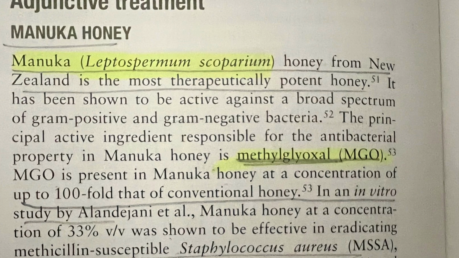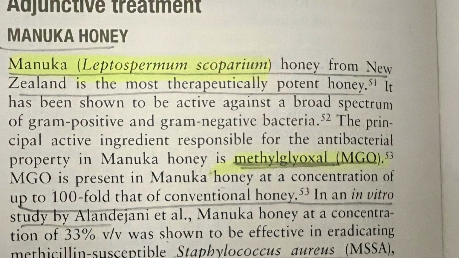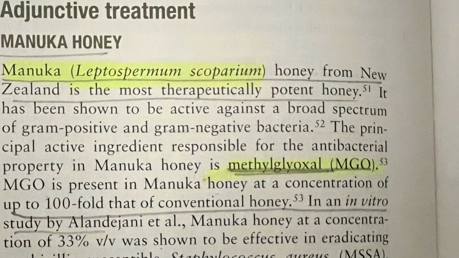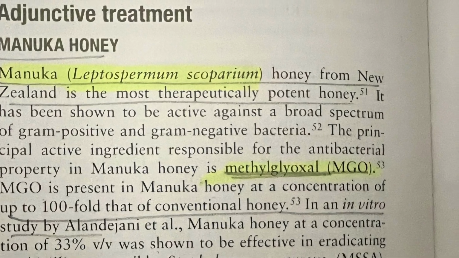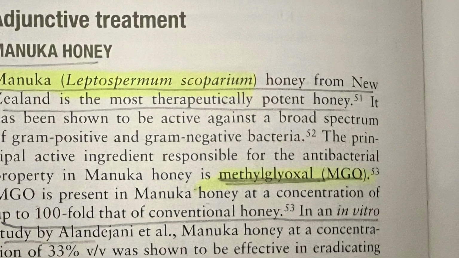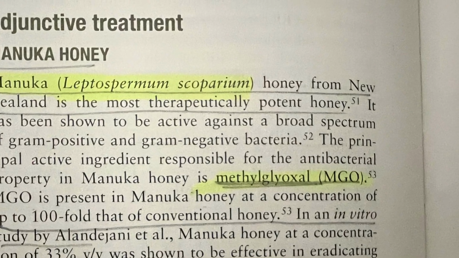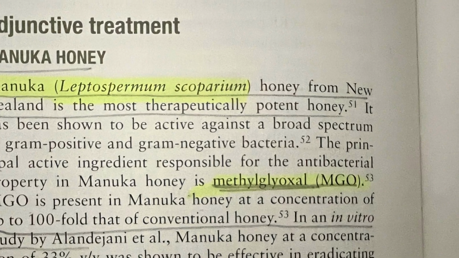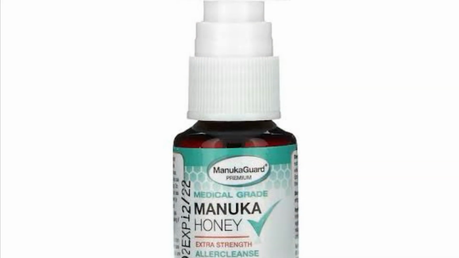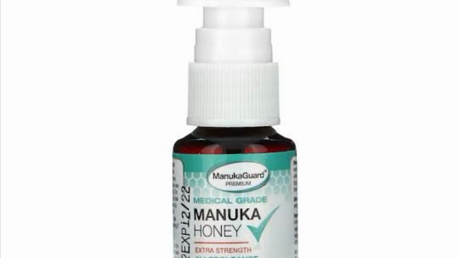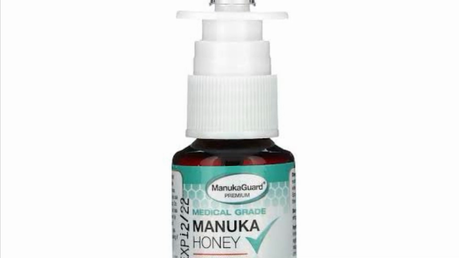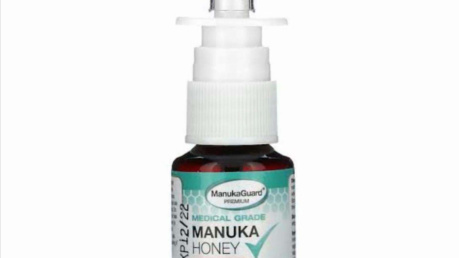It has been shown to be active against a broad spectrum of gram-positive and gram-negative bacteria. The principal active ingredient responsible for antibacterial property in Manuka honey is methylglyoxal (MGO), and this is present in Manuka honey at a concentration 100-fold higher than conventional honey, and this honey is very effective against Staphylococcus aureus, which may be methicillin susceptible or resistant, and Pseudomonas.